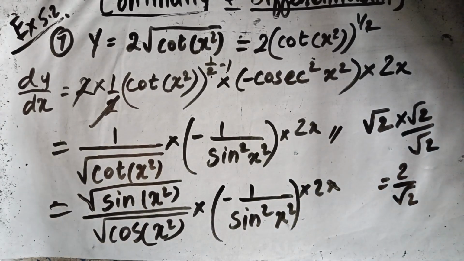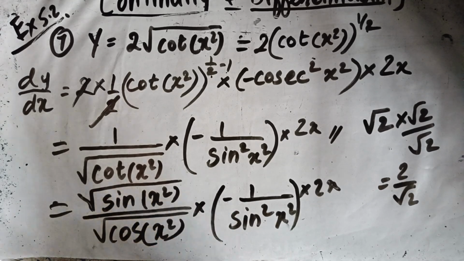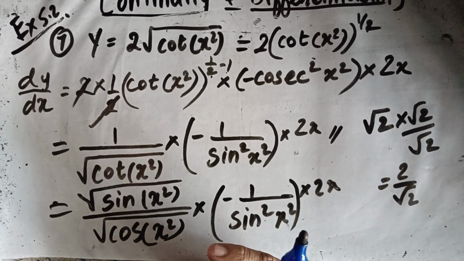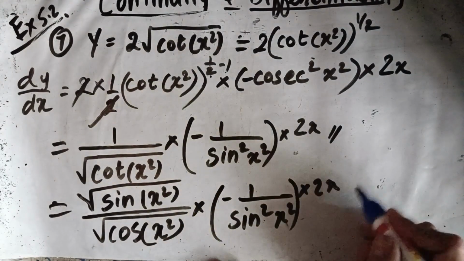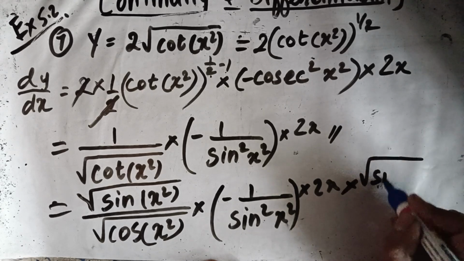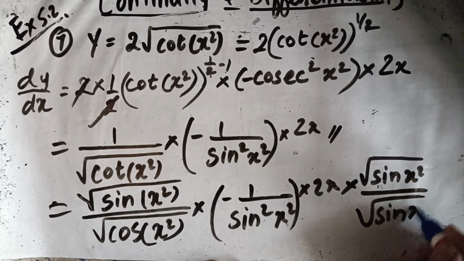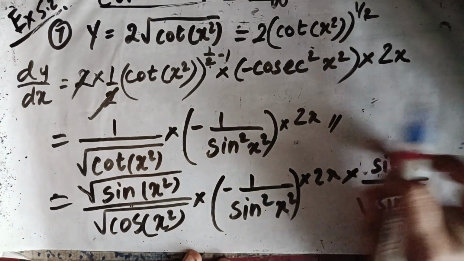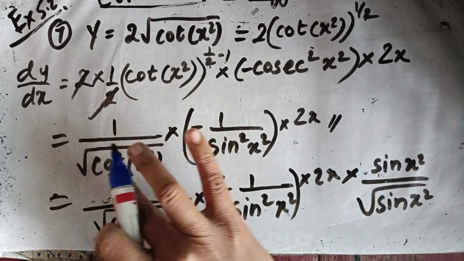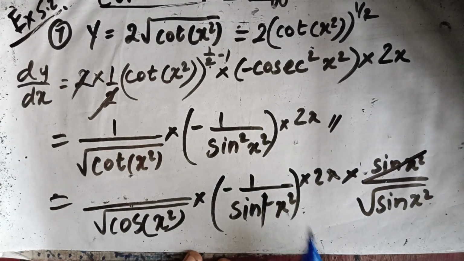So here also you can do the same thing, that is root sine x square, you have to multiply and divide. So I can multiply root sine x square upon root sine x square. So this root sine x square and this root sine x square get cancelled. You will get 1 sine x square, and that gets cancelled with one of the sine x square.